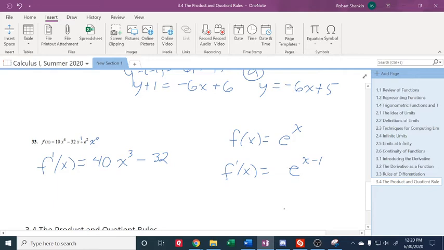I would say yes. It feels like it, because that's the way that the power rule works. But actually, power rule only works for power functions, x to a power. This is not a power function. This is a different type of function altogether called an exponential function. Exponential functions don't work this way.